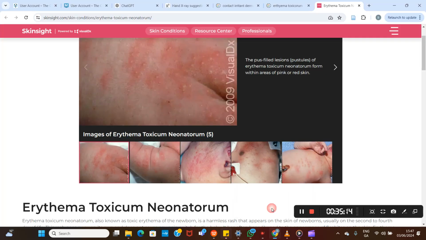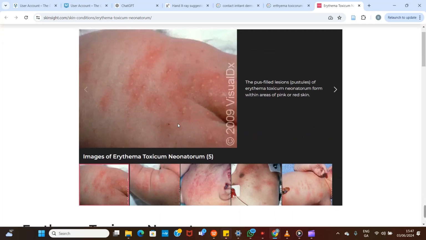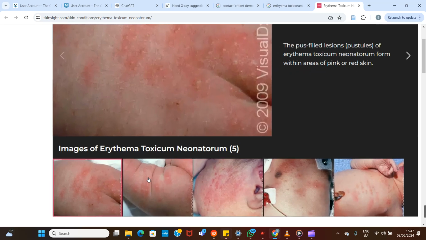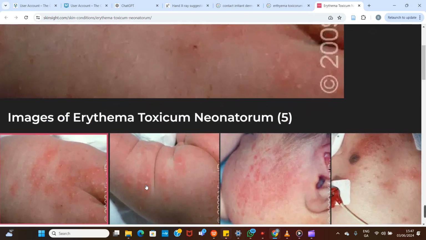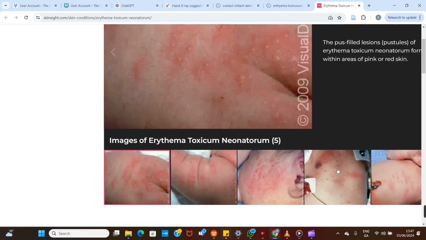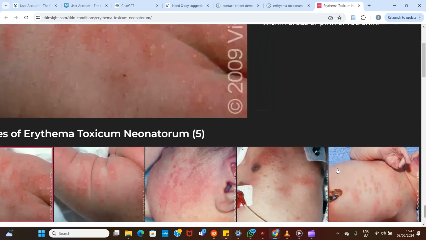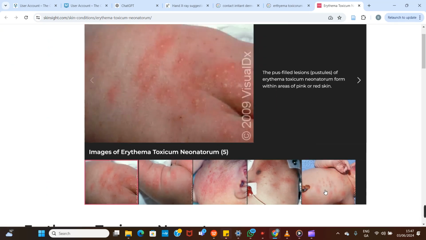Before I continue, I'm just going to show us a picture of the erythema toxicum neonatorum so we can see these lesions here. We can see the papules and some pustular lesions here and there in the infant. You can see here the trunk, the side of the face, the proximal extremity. It's usually very common within the proximal extremities and the trunk.